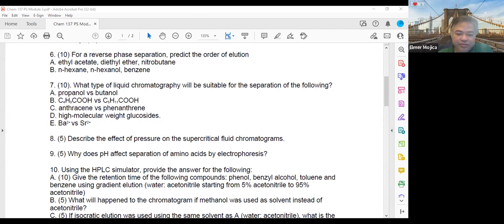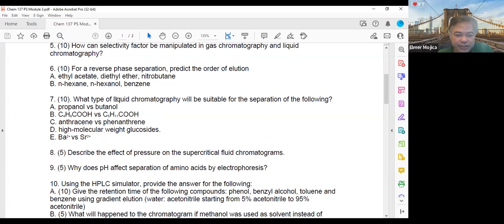So if we're going to go specifically doon sa tanong, so we could say these first two, it could be partition, okay? The normal phase partition.